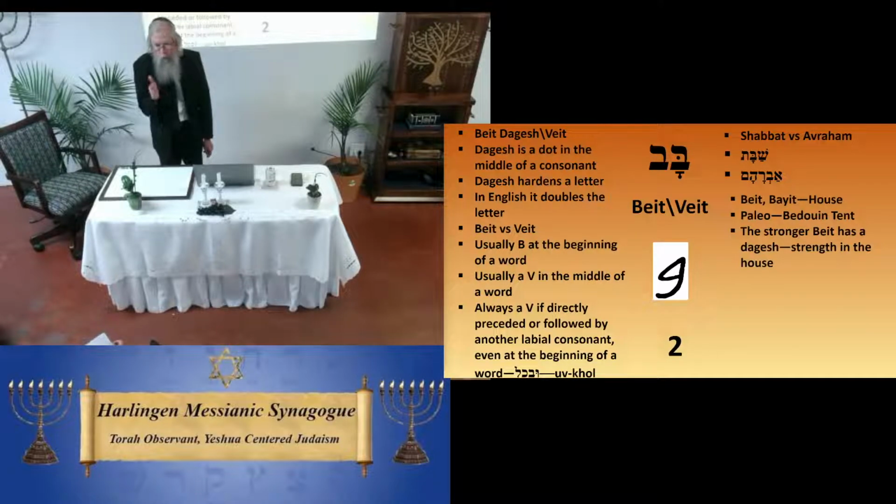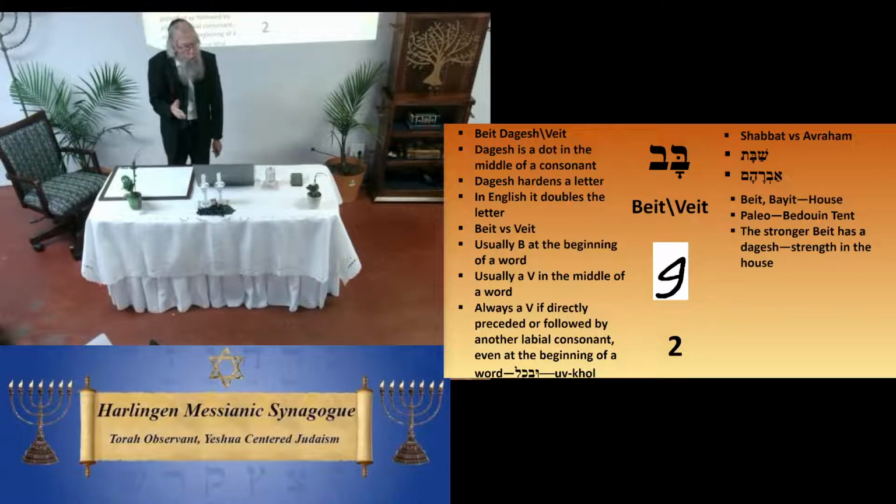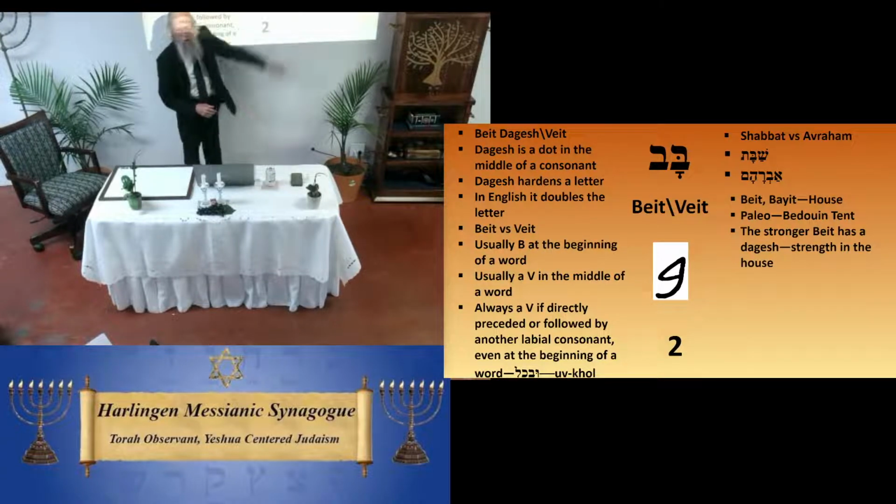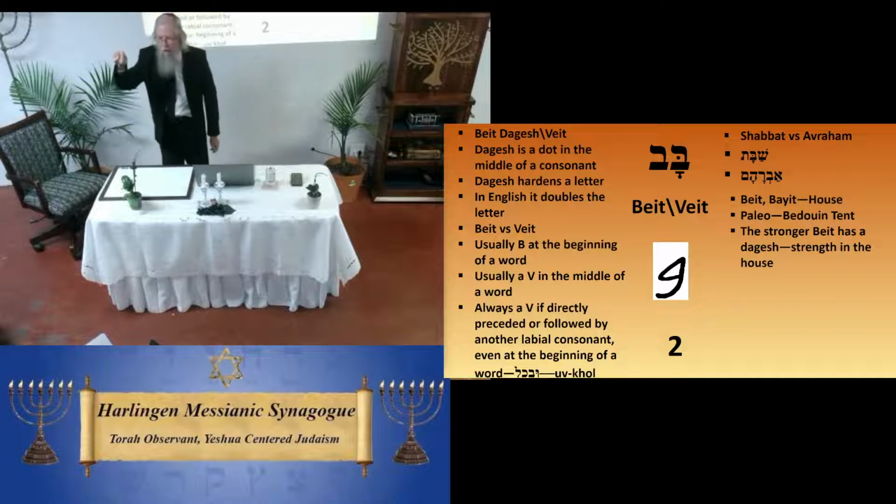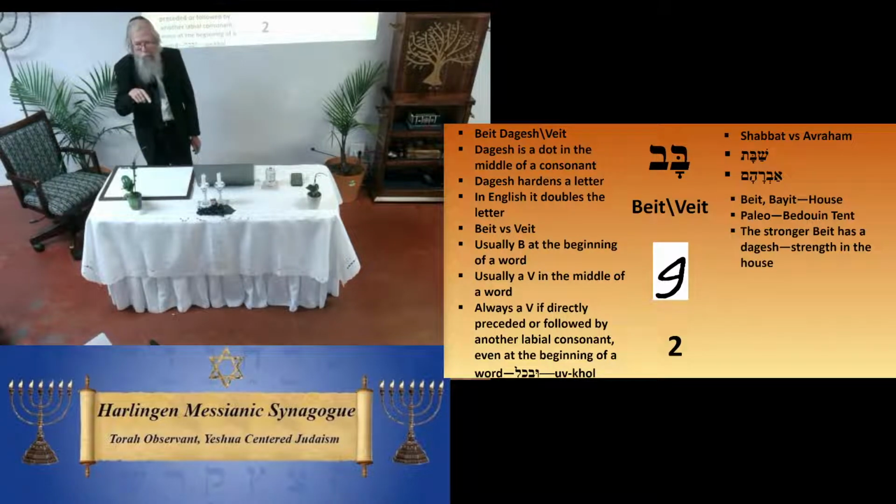But we're going to see in just a minute that God's intention, the strong house, has a man. The strong house has a man. So the Dagesh, you can look at the Dagesh as the man of the house.